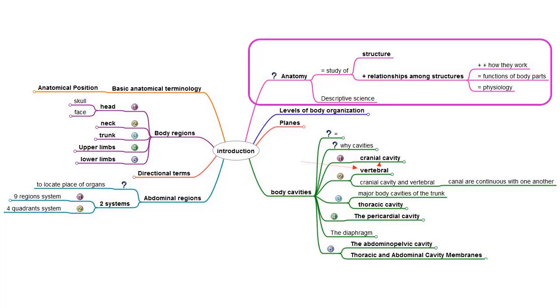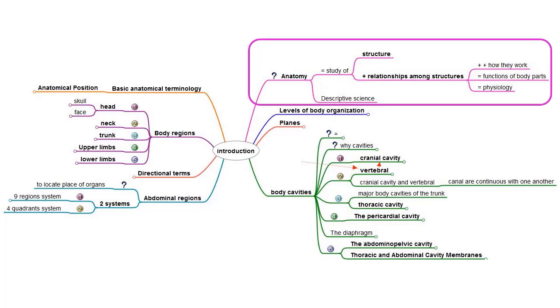Anatomy is a study of what? Of structure, plus relationship among structures, plus how they work. That means functions of the body part, that is the physiology of that part. And anatomy is descriptive science.